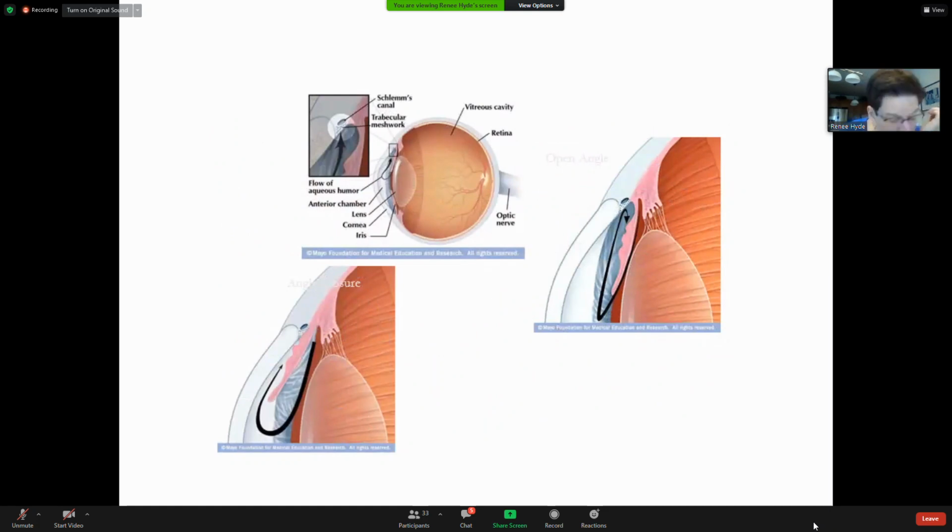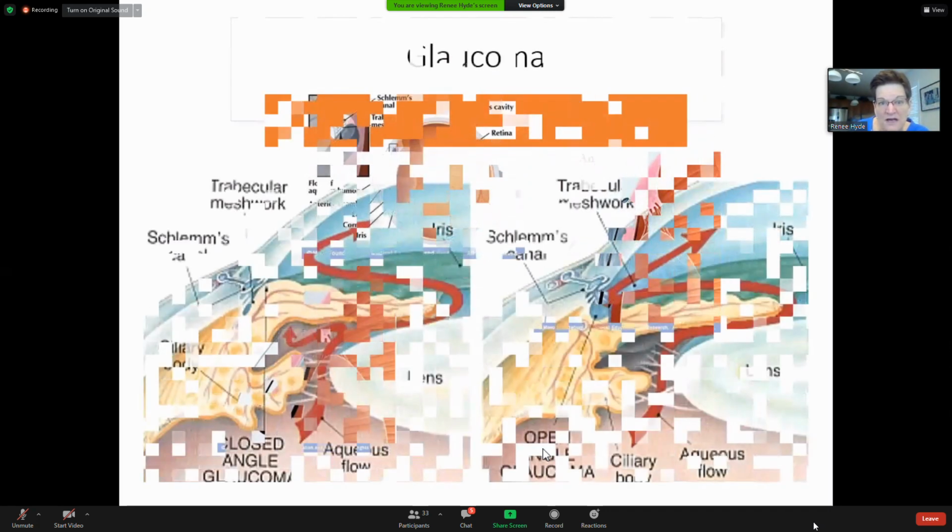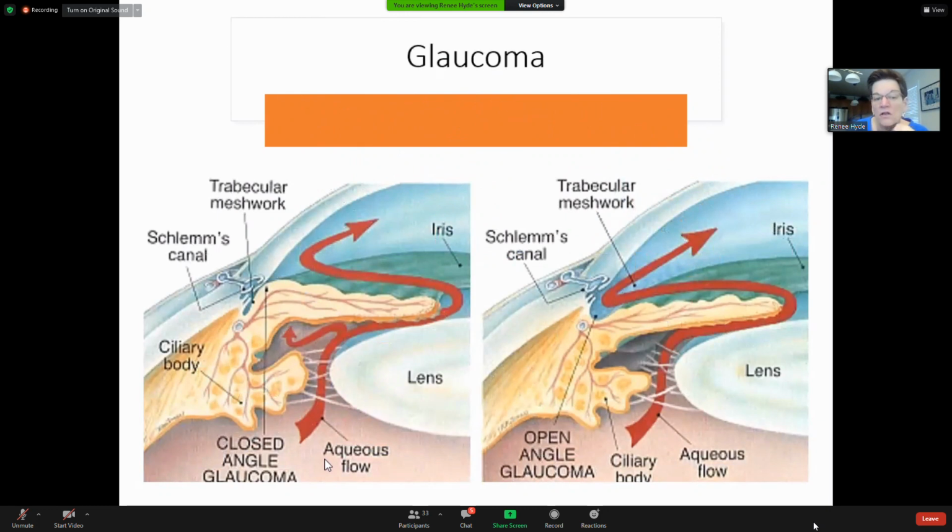Now, with this one, let's look at the next slide. It's easier to see. Closed angle glaucoma, where you see aqueous flow, all right, it backs up. This little angle right here, there's limitations on the flow.